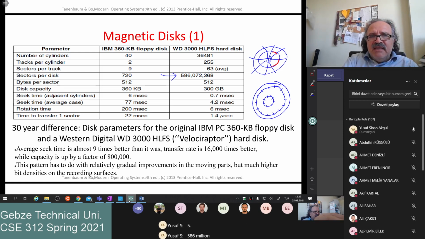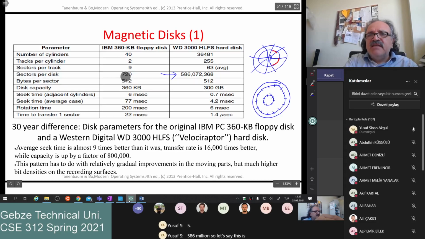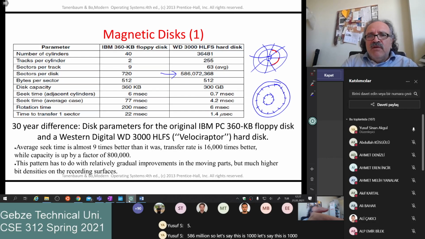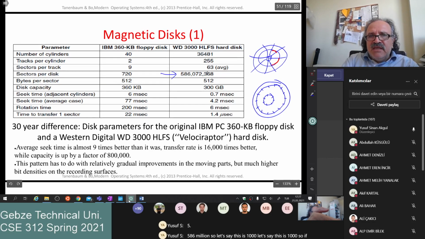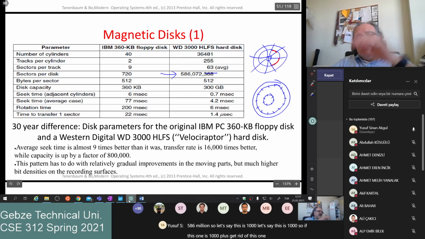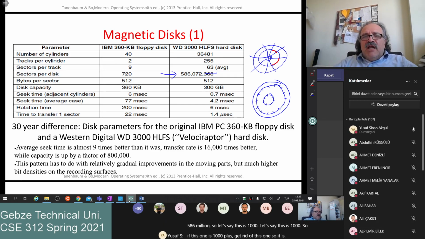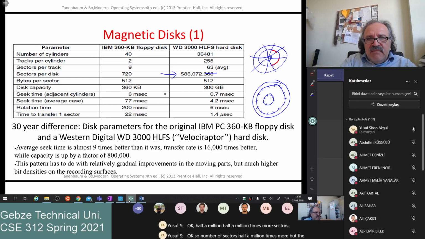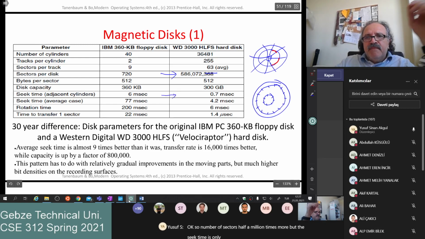So let's say this is 1000. Okay, half a million times more sectors. So the number of sectors is half a million times more, but the seek time is only 10 times faster.